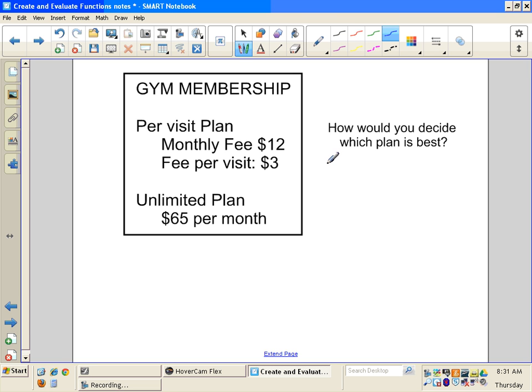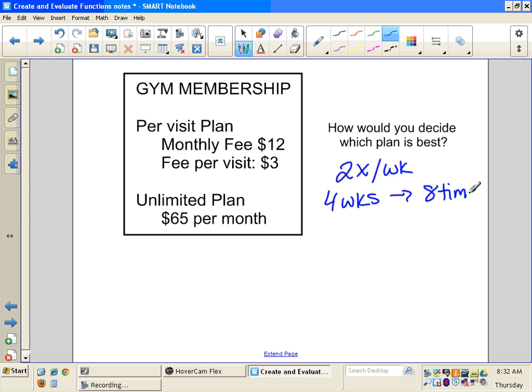This is where you need to decide how many visits you're going to have. So if you decide that you're going to go twice a week to the gym, and let's say it's a typical 4-week month, which means 2 times per week for 4 weeks, means you're going to visit the gym 8 times.